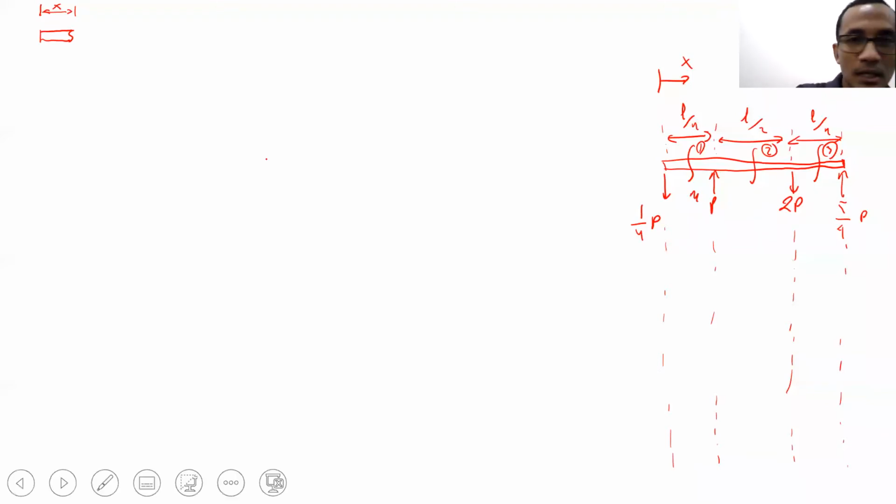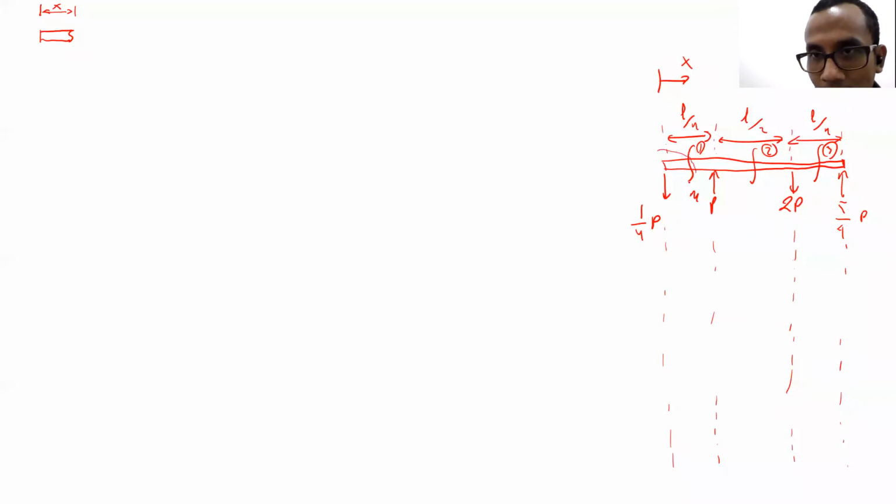If we only take a look at this particular cut, what forces will be there? It's only P over 4. Correct. So we only have this, right? P over 4.